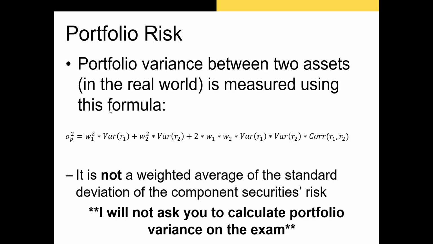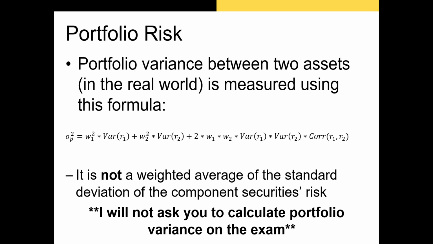When we calculate portfolio risk, typically this is the formula that we use to calculate the overall or total risk of the portfolio. To get the variance of our portfolio, we take the weight of stock 1, square it, and multiply it by the variance of stock 1, add to that the weight of stock 2 squared times the variance of stock 2, and add to that 2 times the weight of stock 1 times the weight of stock 2 times the standard deviations of stocks 1 and 2 times the correlation between stocks 1 and 2.